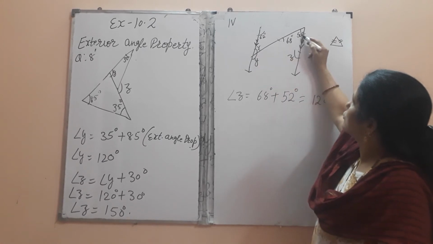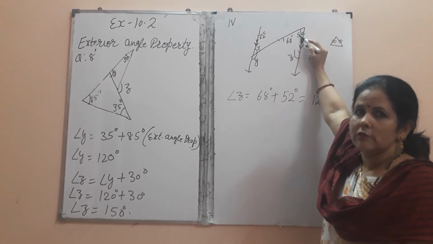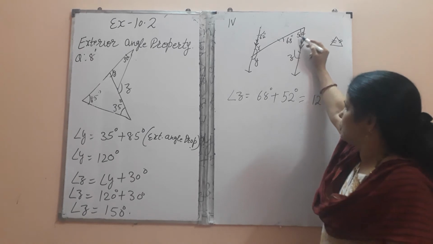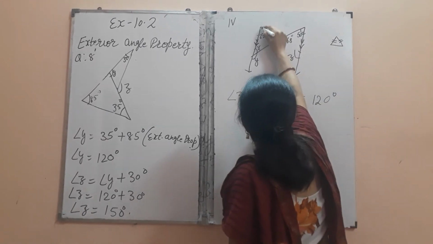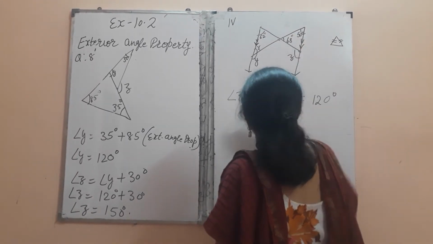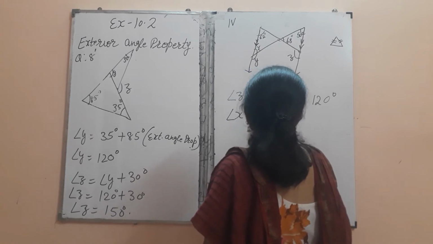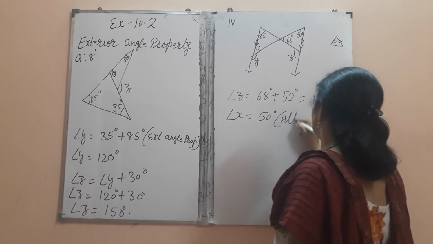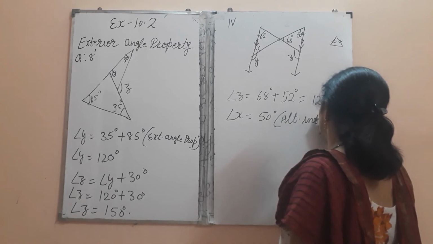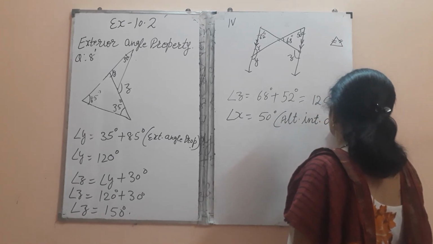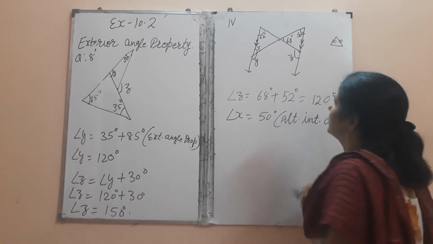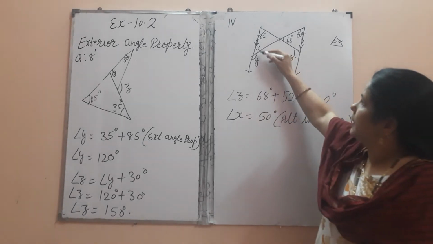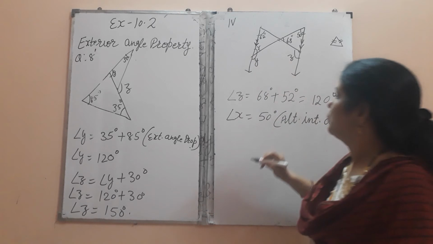So x equals 50 degrees, alternate interior angles. Understood? Now we will draw this line. Angle x equals 50 degrees, alternate interior angles. Understood?